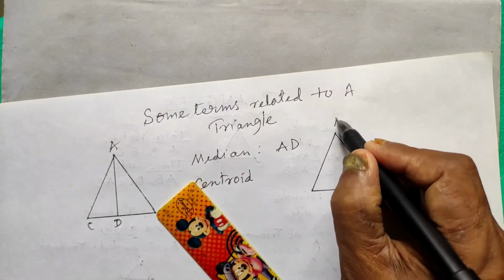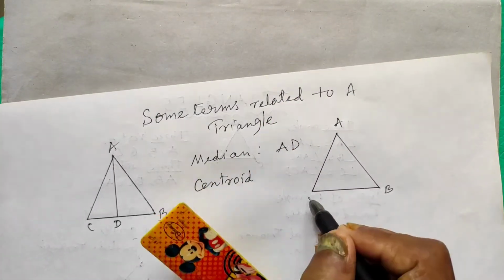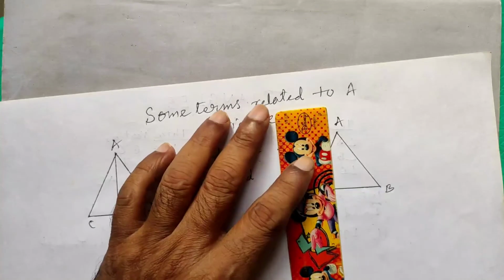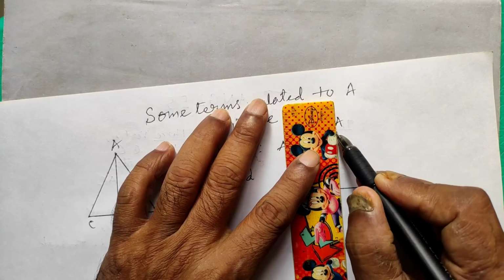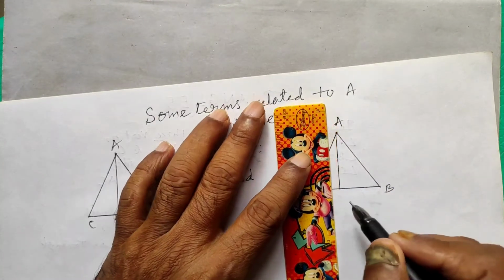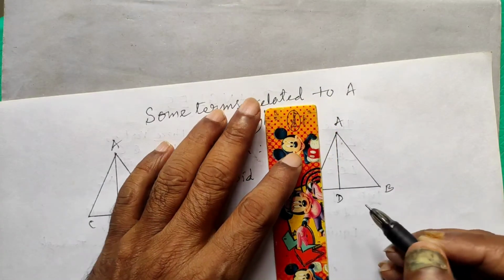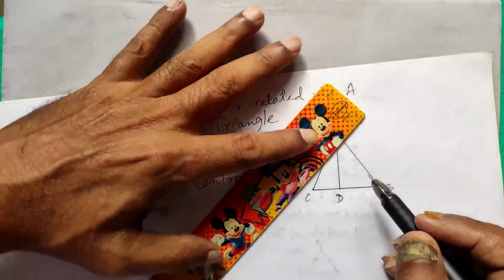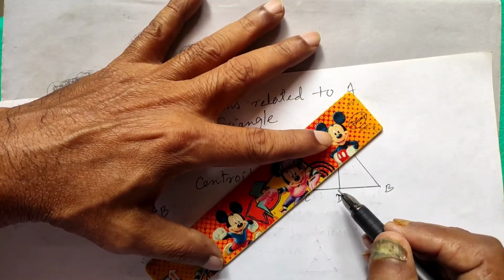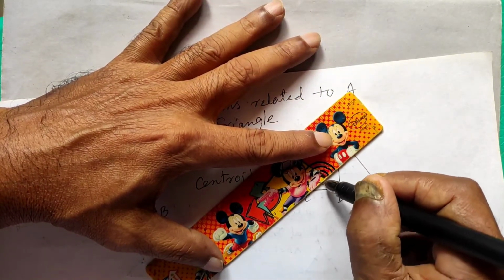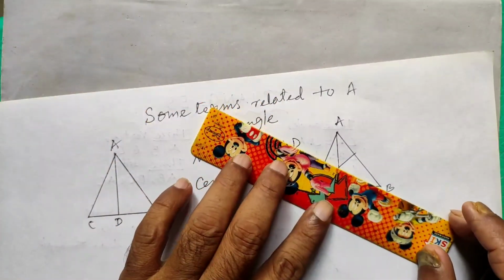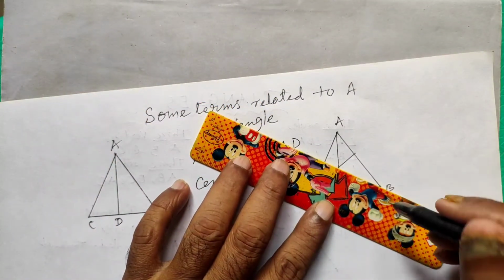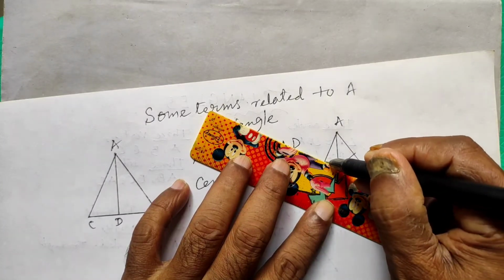So here it is A, B and C. Now we are drawing the median from vertex A, that is D, from this angle, and from this angle we are drawing this one.